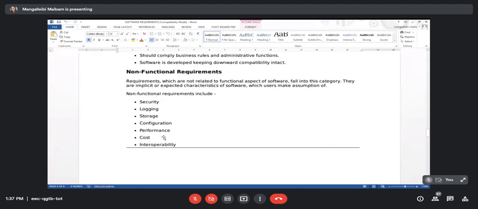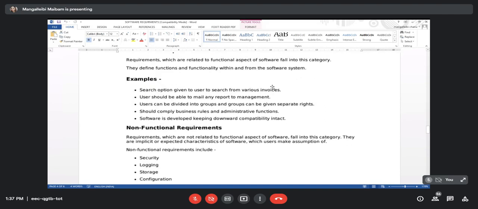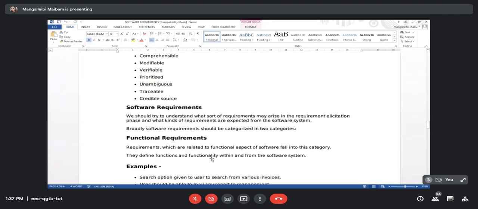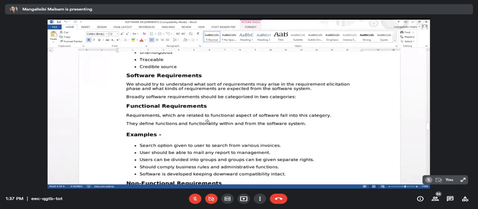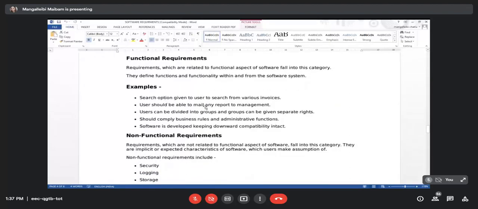These are the non-functional requirements as we do not directly interact with the system. That is why it is said here that these are not related to functional aspects of software. Whereas functional requirements are related to the functional aspects of software, where there will be direct interaction with the system.